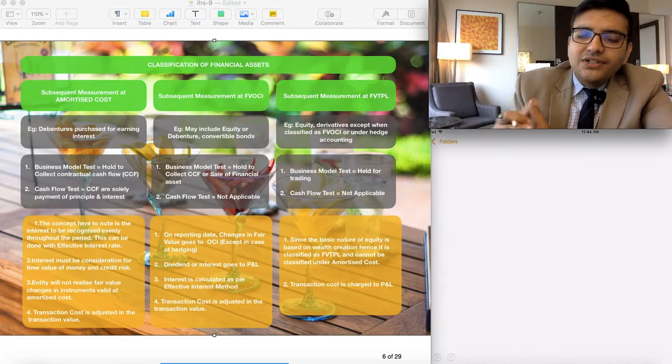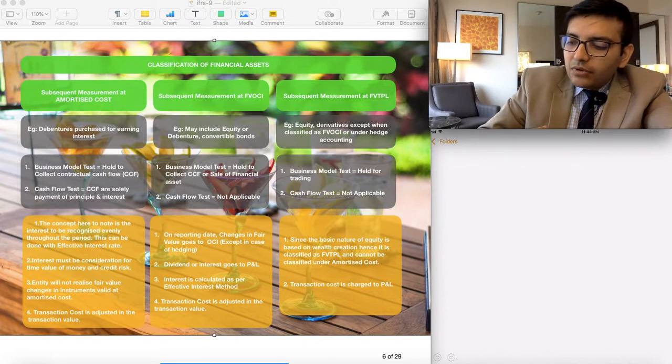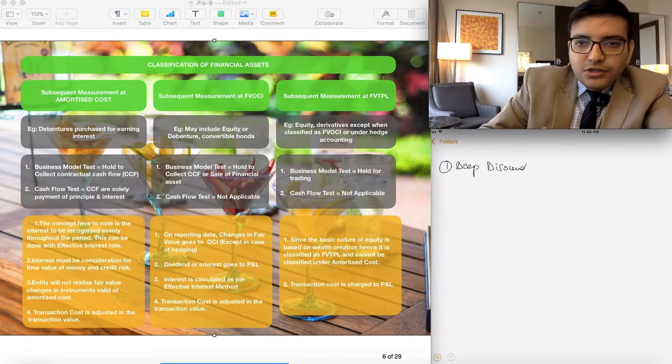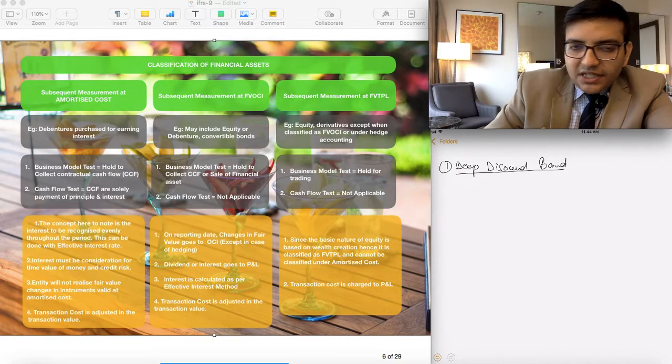There are some assets for which income was not being booked properly previously. For example, deep discount bonds. Do you know the accounting for deep discount bonds?